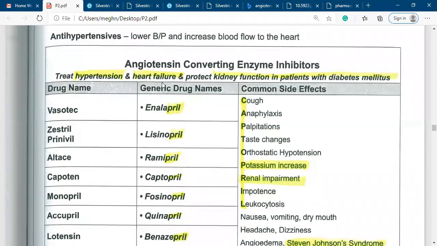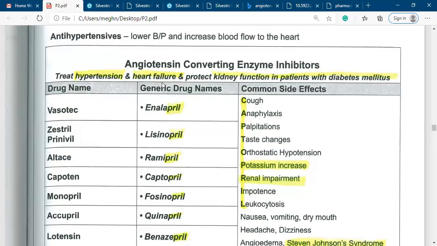Okay, especially kidney problem in case of diabetic disease. In case of diabetics, we use this one. And I said that it is an antihypertensive medication, especially the drug of choice we basically use.